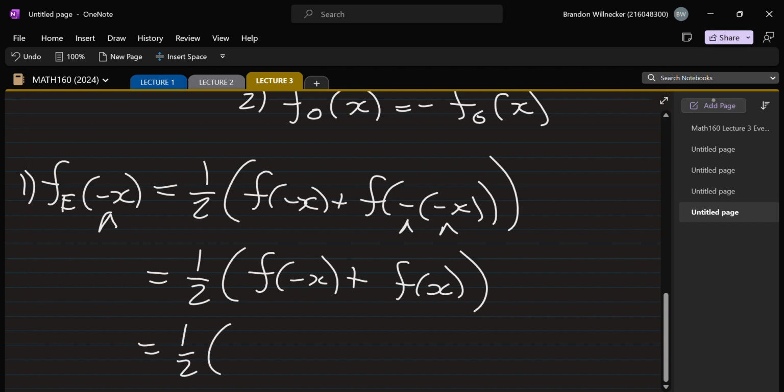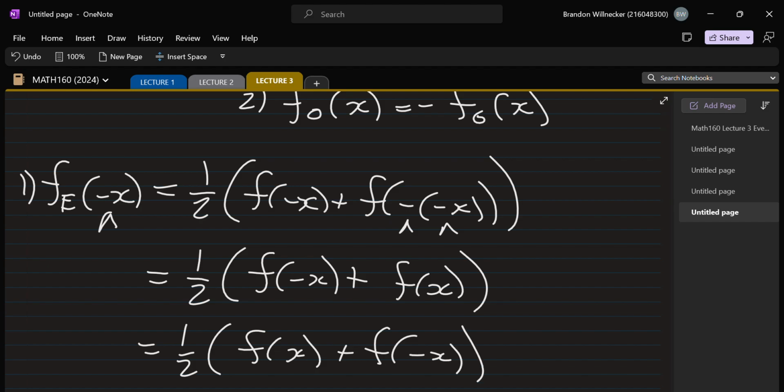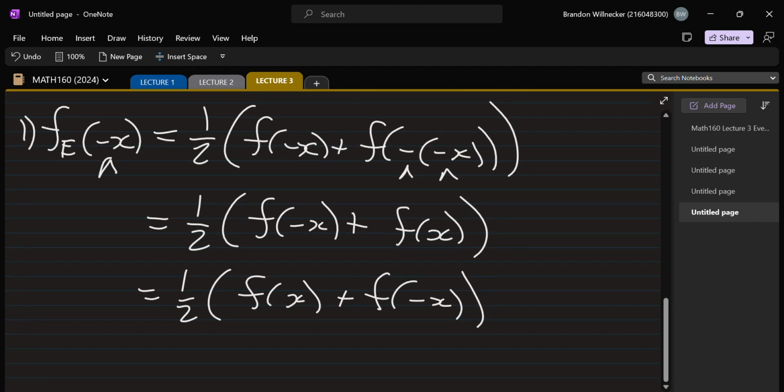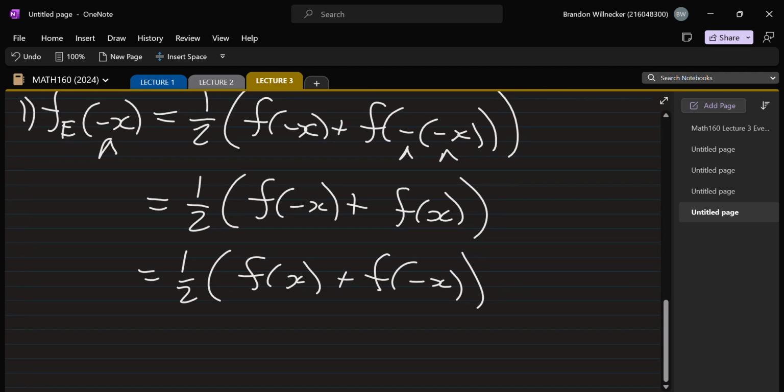So that's 1/2 f of x plus f of minus x. Okay, a plus b is b plus a, but it's just so that it looks like what we started with. This is exactly what we started with, so this is f sub e of x. We started with f sub e of minus x. We ended with f sub e of x. So it must be even. I called it even, and in fact it is even. Make sense?